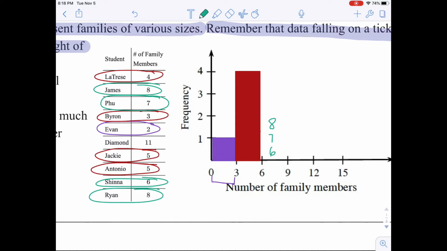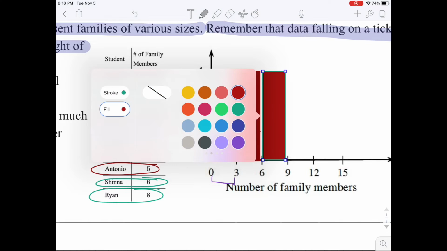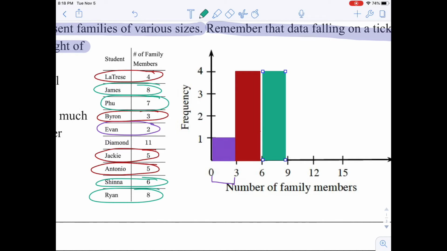I believe I found a count of 4. So I'm going to put that 4, match it up with the last bar we just made, and change that color to green. There.